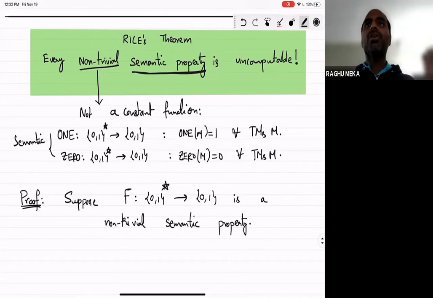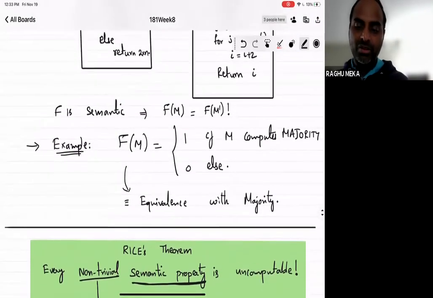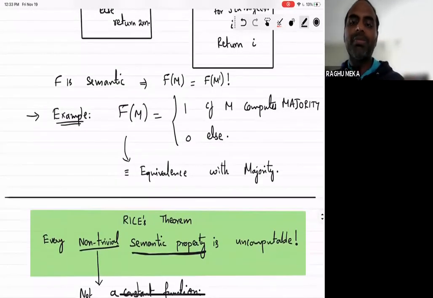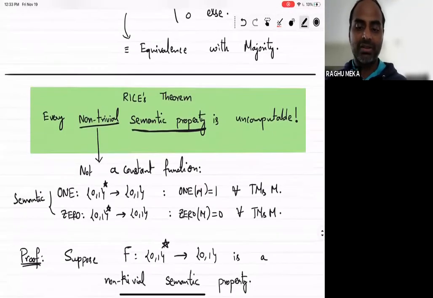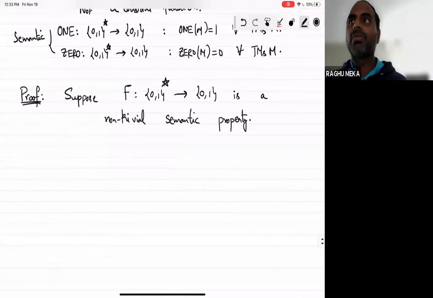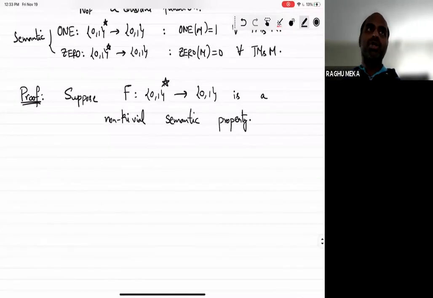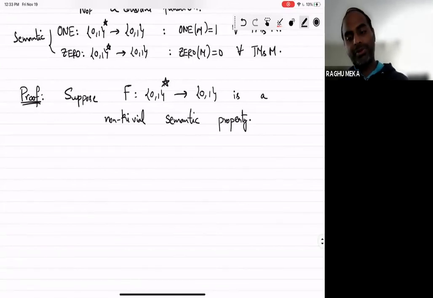It can be any non-trivial semantic property. For instance, it could be: is my program equivalent to majority? Is my program equivalent to parity? All of those things. And we want to show that in this case, f is uncomputable, and we will show this from a reduction.